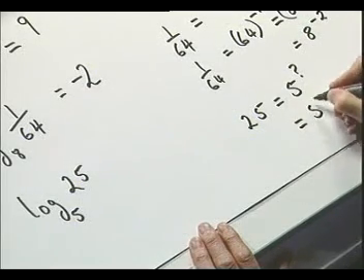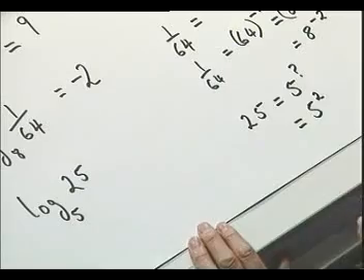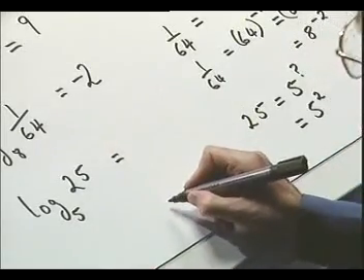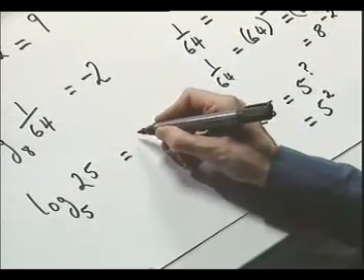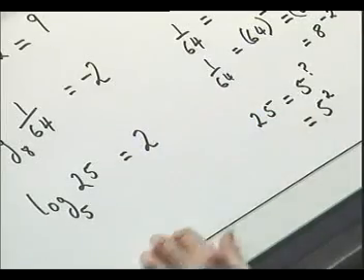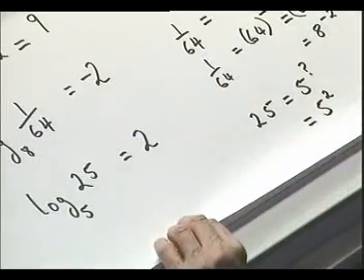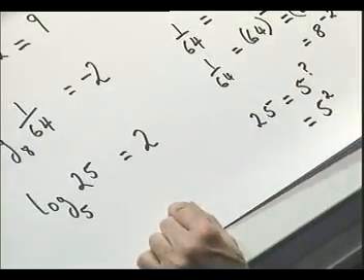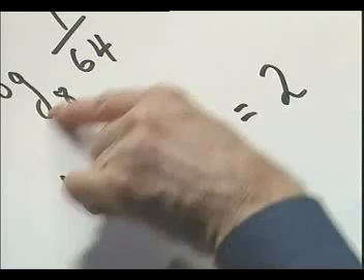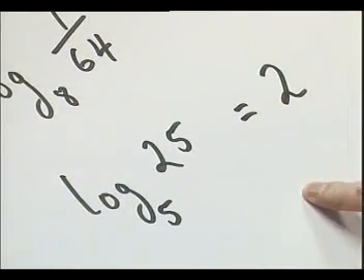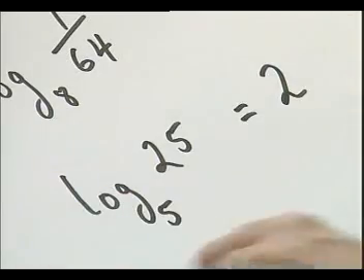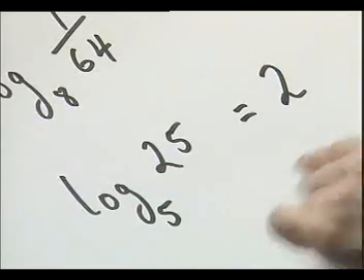Well, what we do know is that it's 5 squared. And so the log of 25 to base 5 is just 2. I want to do another calculation which is going to look very similar to this one. And I'll need to compare it with this calculation. So I'm going to repeat this statement over the page.